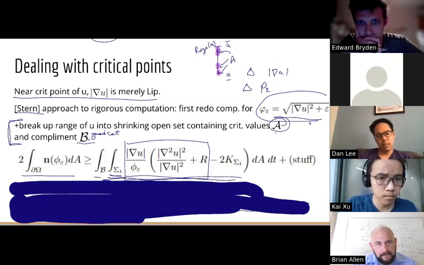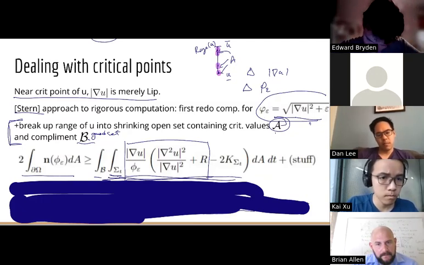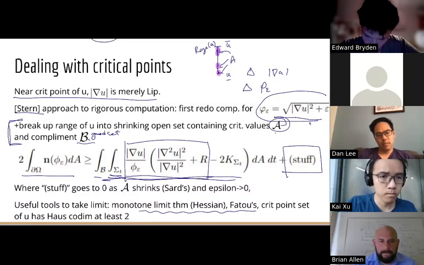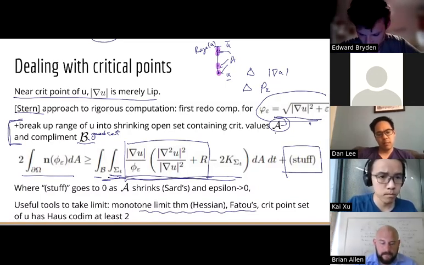Notice it's basically the same as before, but written in a slightly different way. If epsilon was 0, this would be what I wrote before. And then plus some other stuff, where you make some argument and show that the other stuff goes to 0 as epsilon goes to 0 and the measure of A goes to 0. Then you hope that after you take those limits, you will get the formula that I wrote in the beginning.